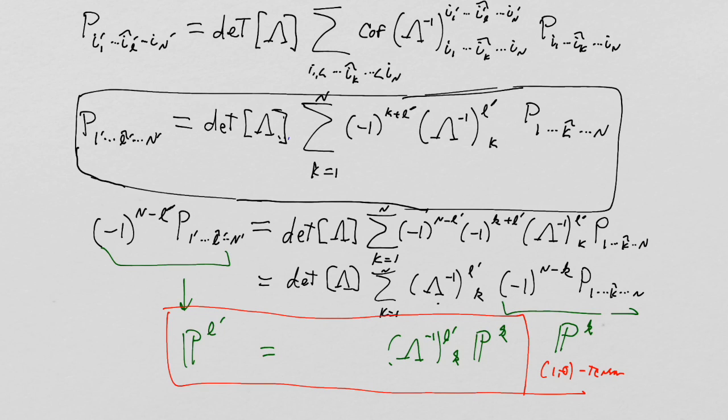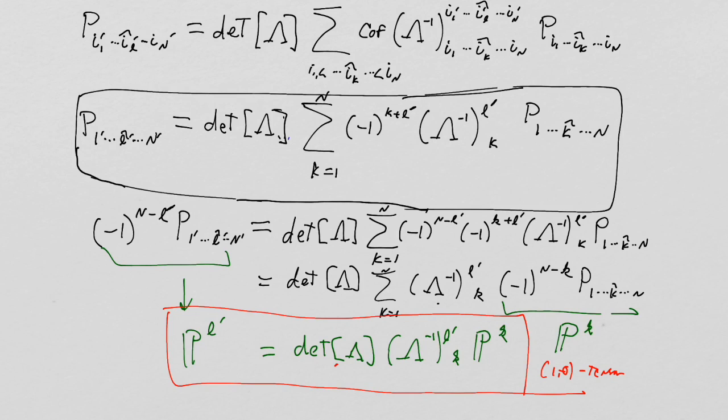The difference is that, wait a minute, the difference is that we have this thing in there, right? Right back where it belongs. Belongs right there. That makes a lot of the difference in the world. It's very close to transforming like a 1, 0 tensor, but it's got this guy stuck in there.